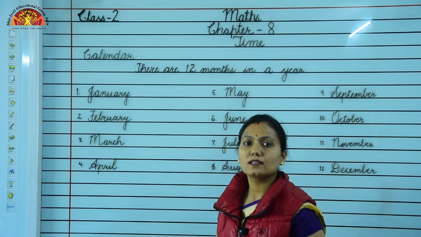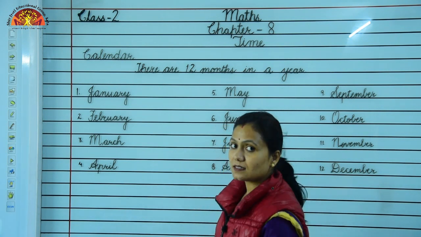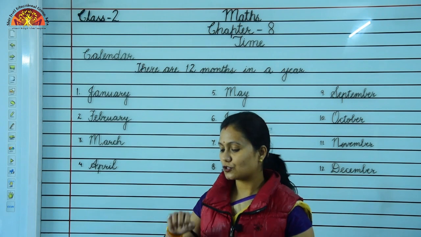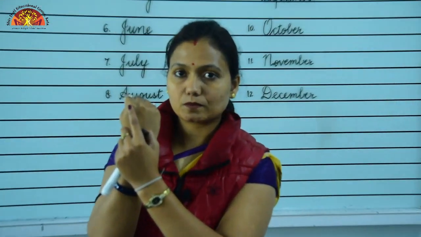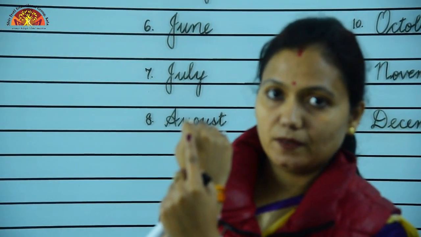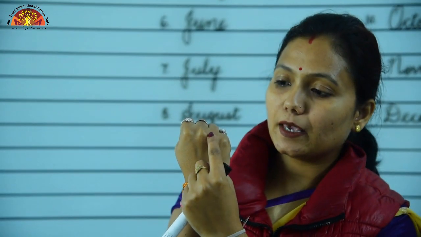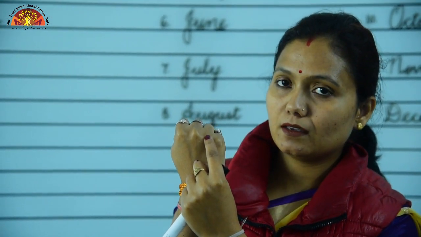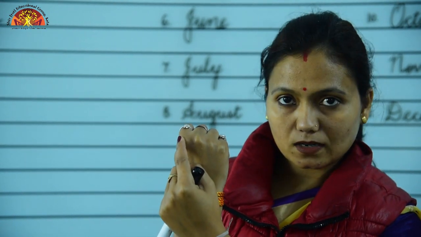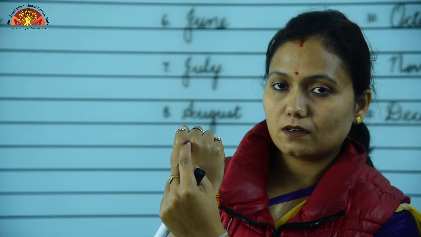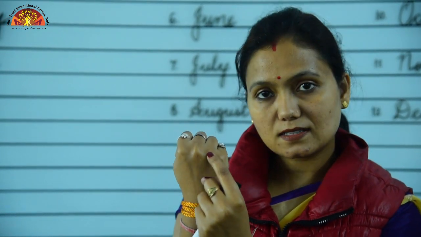Now, students, there is an easy trick to remember how many days are there in a month. So, you can see, start from here. January, February, March, April, May, June, July, August, September, October, November and December.